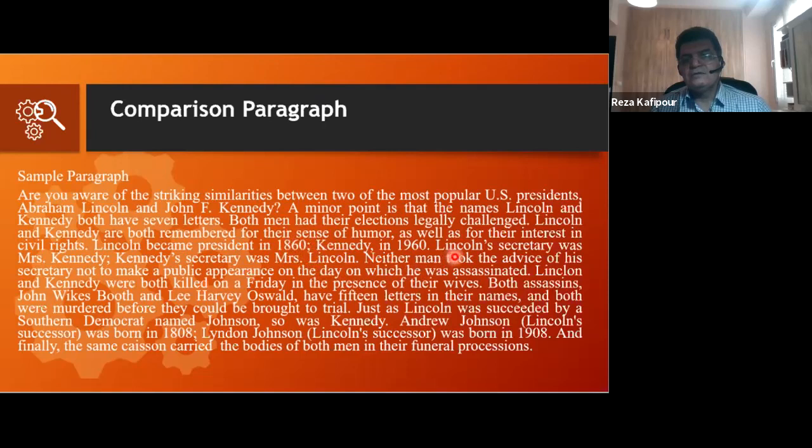Again, another major supporting sentence. Here, as you see, we don't have any minor supporting sentences, but they can be added in order to explain each one of the major supporting sentences. So next major supporting sentence: Lincoln's secretary was Miss Kennedy; Kennedy's secretary was Miss Lincoln. So as you see here, again, we use punctuation.